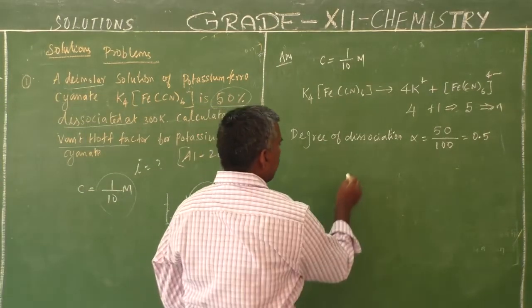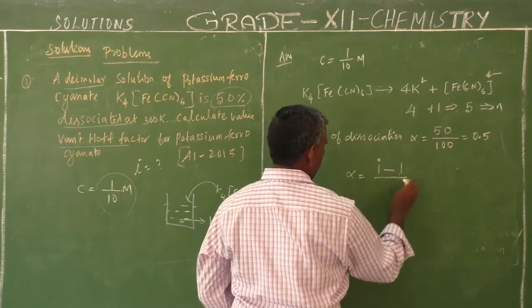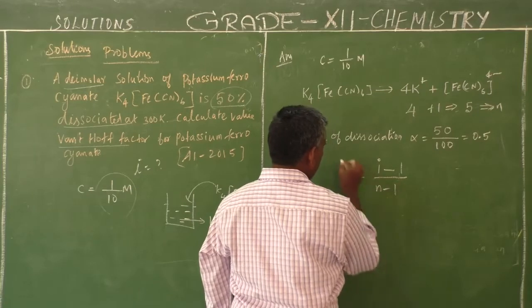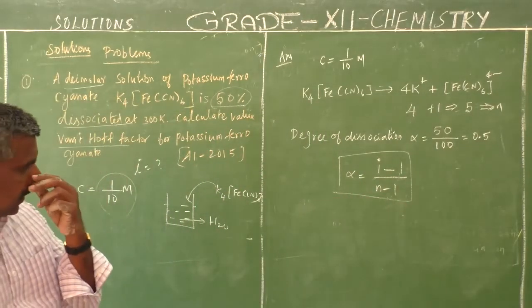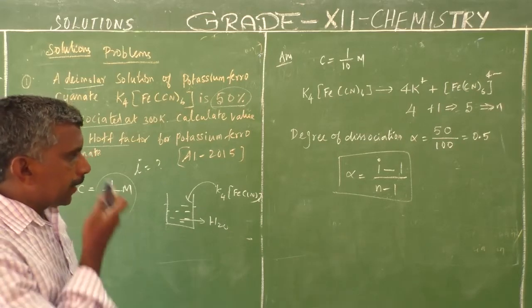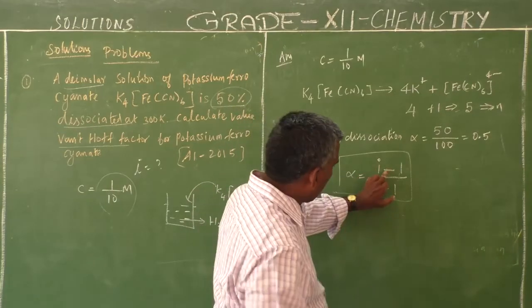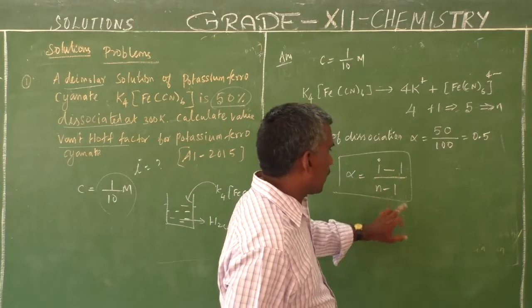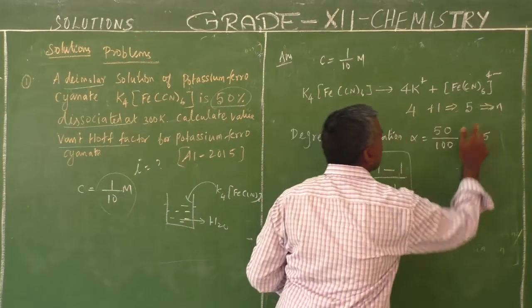Now for alpha, one very important formula: alpha is equal to I minus 1 by N minus 1. I value is the van't Hoff factor. N value is the number of moles after dissociation.